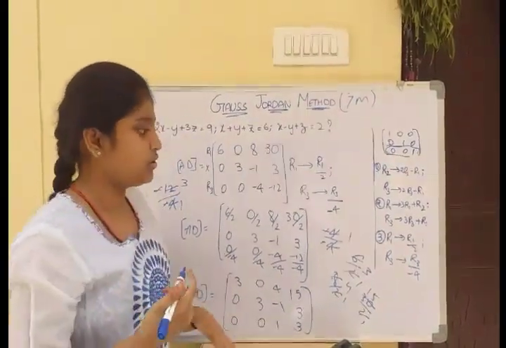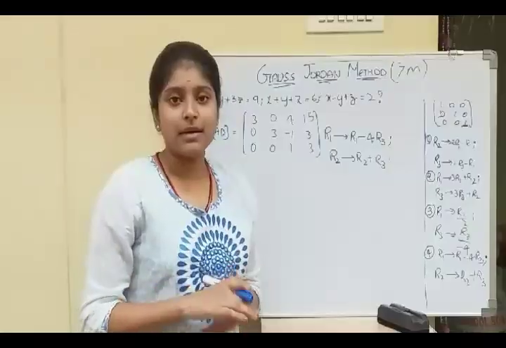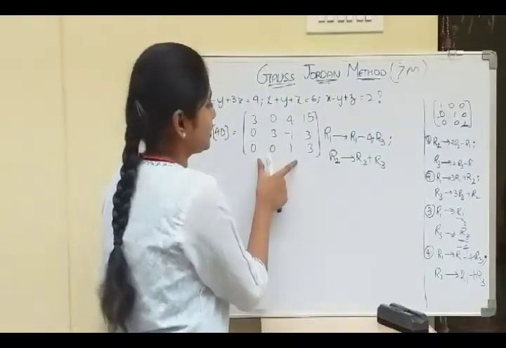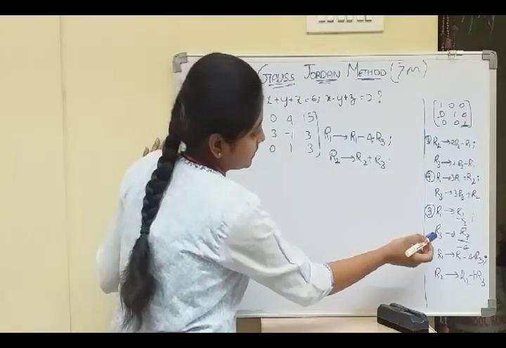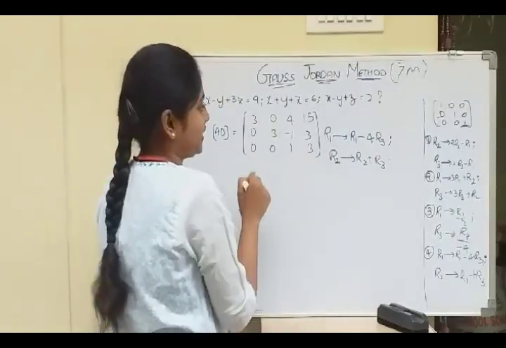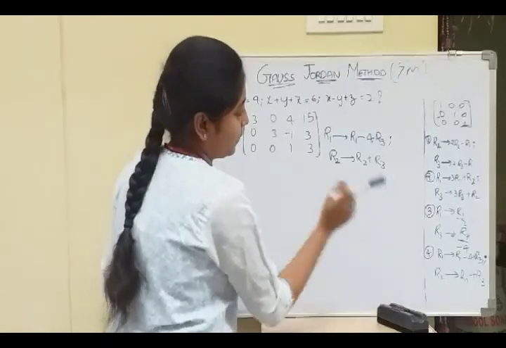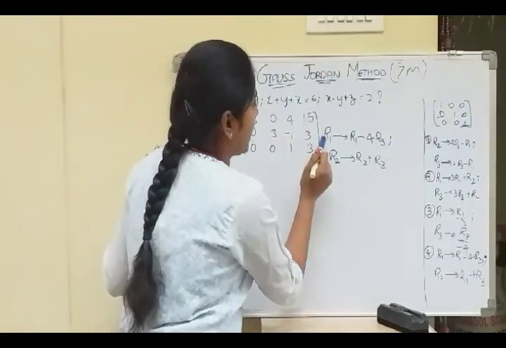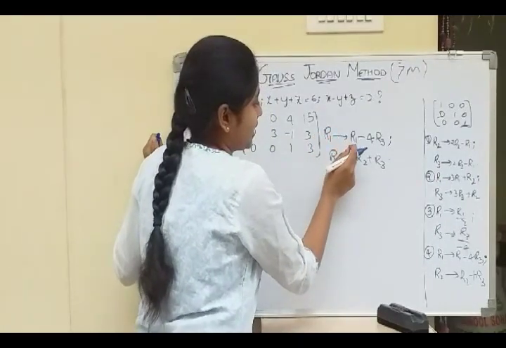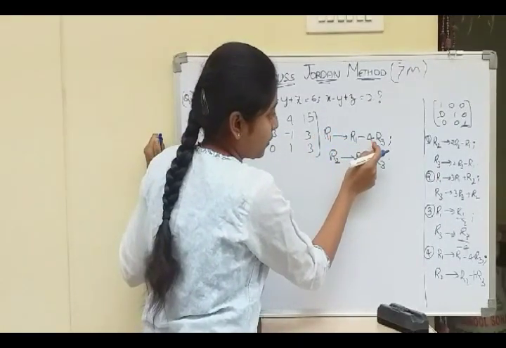Now we will go to step 4. This was the matrix we obtained at the end of step 3. Now getting into step 4, we need to apply row 1 gives rise to row 1 minus 4 row 3.